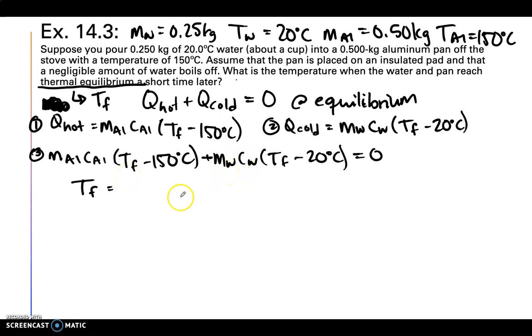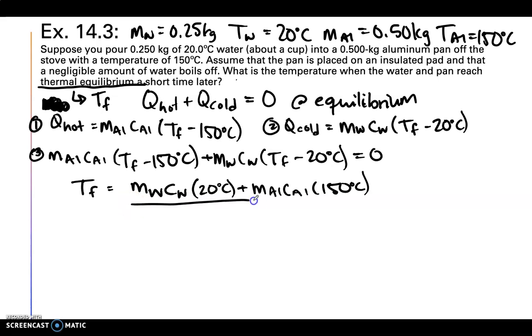It's just a bit of algebra, not anything too crazy, but you will get M water times C water times 20 degrees Celsius plus M aluminum, C aluminum times 150 degrees Celsius, divided by M water, C water plus M aluminum, C aluminum.